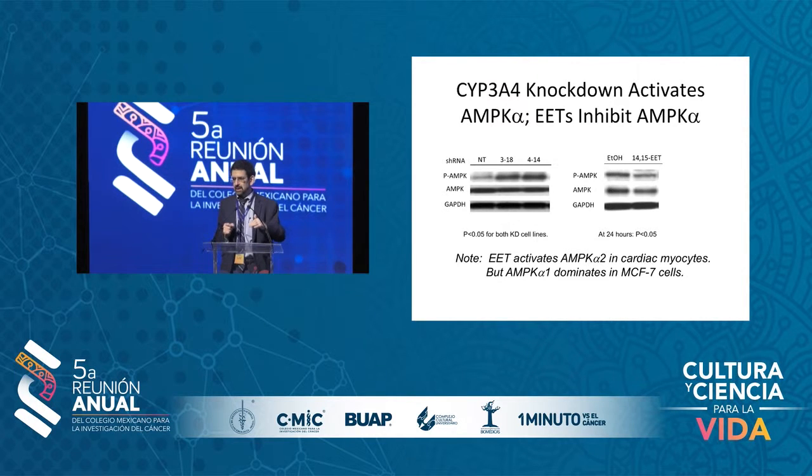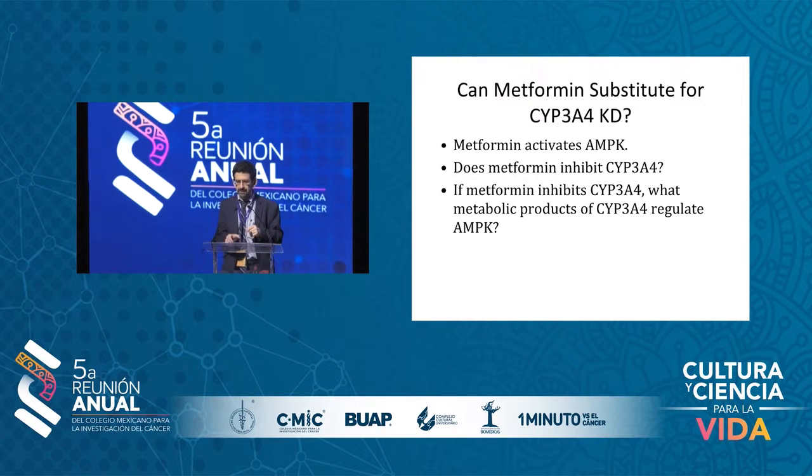When you add EETs, in contrast, AMPK phosphorylation drops, suggesting that there is a reciprocal relationship here. And this is in contrast to the vasculature, which has predominantly AMPK alpha 2, where the opposite effect is seen. And so paying attention to the isotype of AMPK that was present in the tumor epithelium compared to the tumor microenvironment vasculature was very important to help work this out.